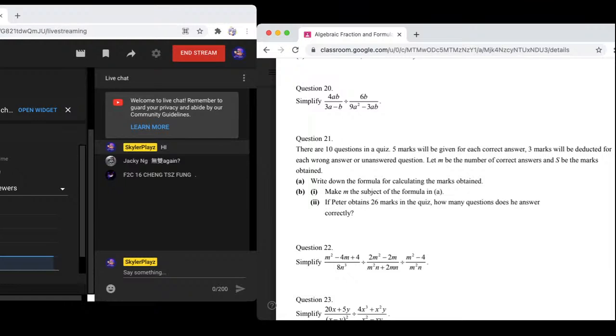B2. Obtain 26 marks in the quiz. So if m is equal to 26, oh no, S is equal to 26. M is equal to 26 plus 30 divided by 8. So, it is equal to 7. So, he gets 7 answers correctly.